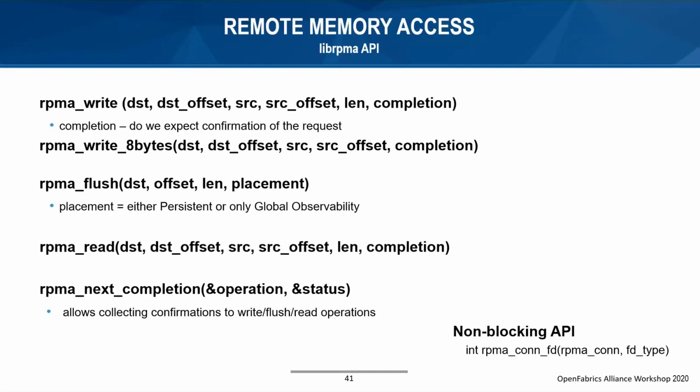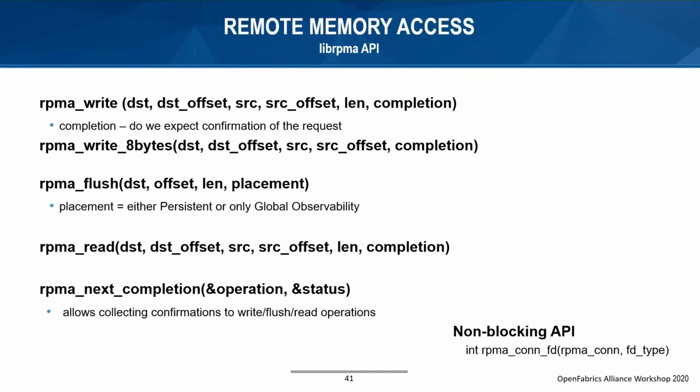Then, of course, the read operation, very similar to the write one, with the destination offset and source offset, size and completion. And then a separate API call to collect completions. Our library is going to be used either in a very simple application or in more advanced, more complex solutions. So this next completion function could be used in non-blocking or blocking mode.